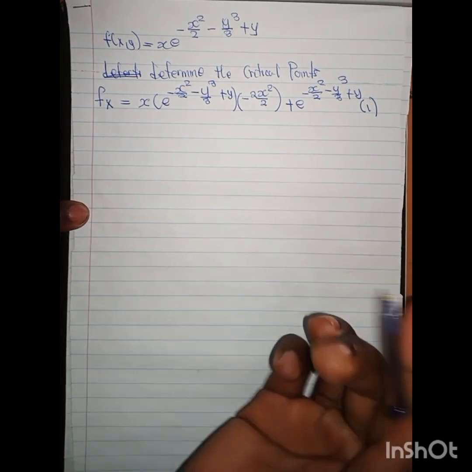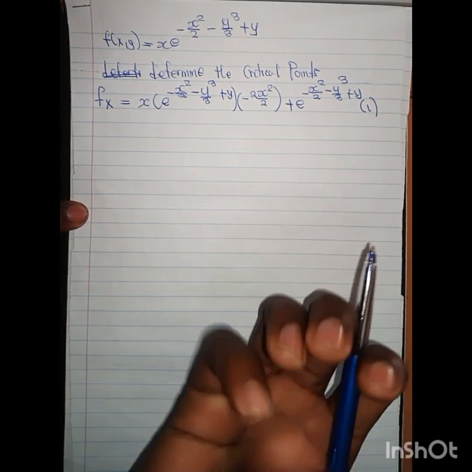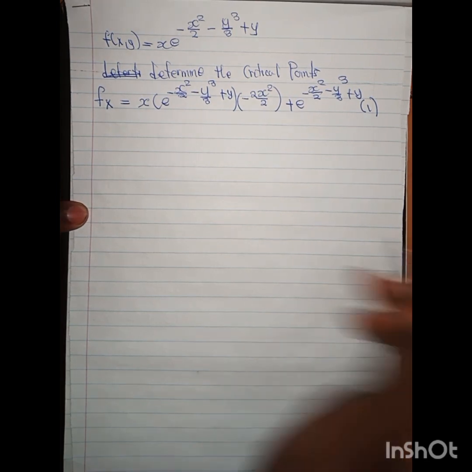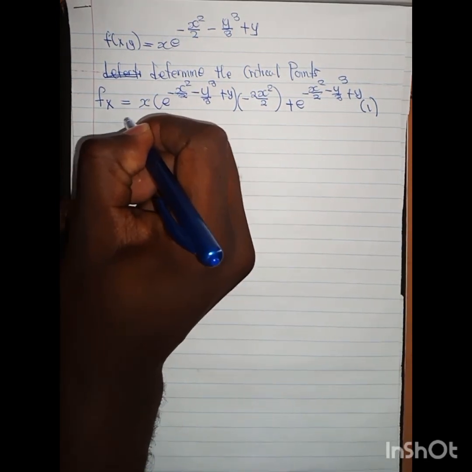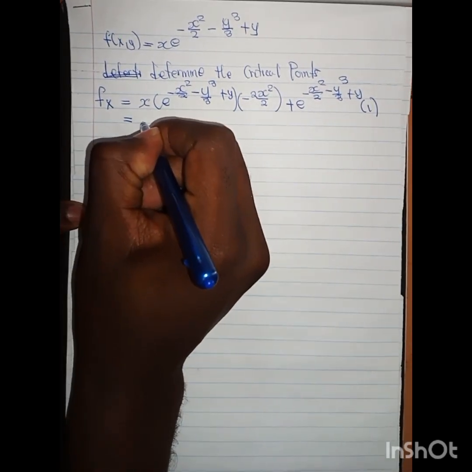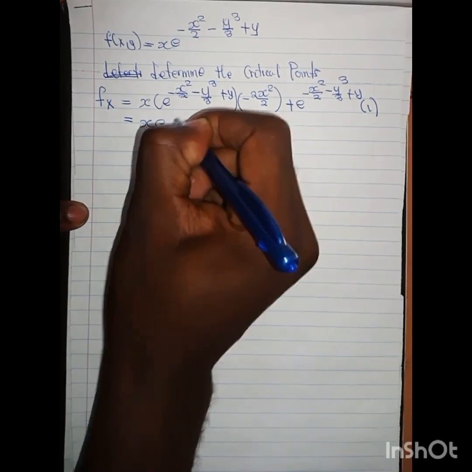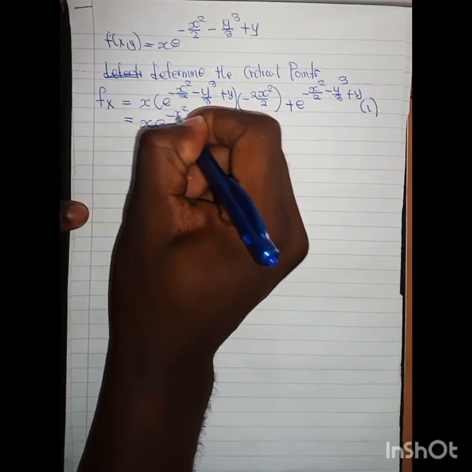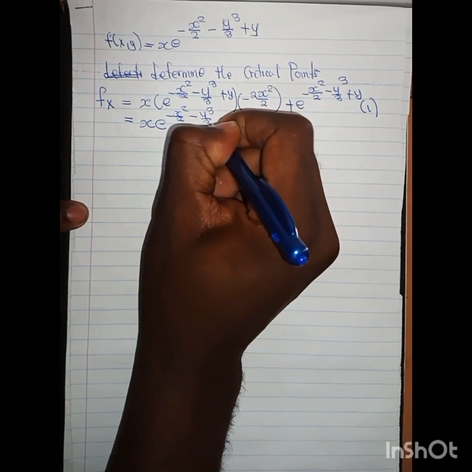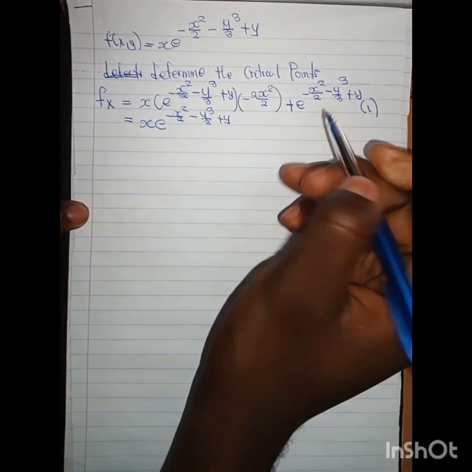We have said that the derivative of this function must give us 0. Then we can proceed to say now we have x e to the negative x squared over 2 minus y to the third over 3 plus y.